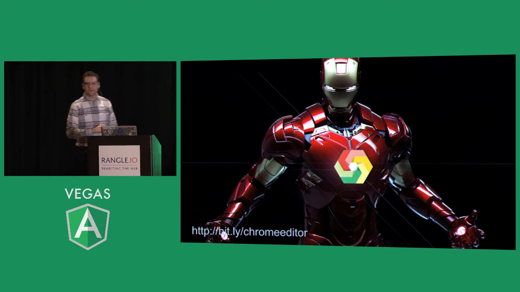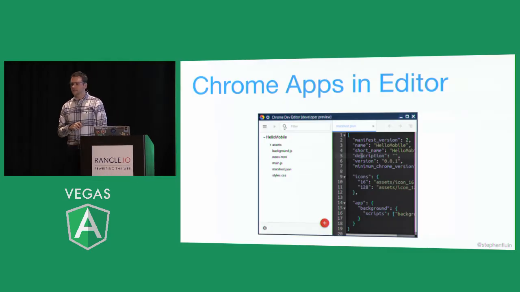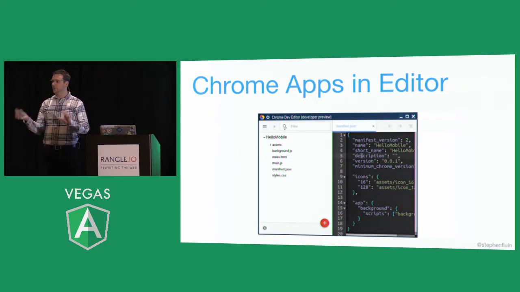That's the logo in the center of the Iron Man costume. The Chrome Dev Editor is still in beta, but I've used it in production spaces as well as in a number of code labs for probably six to seven months now. It is a fantastic application that runs in the browser, but as an app. So if you think about this idea, you're actually operating at a very meta level.